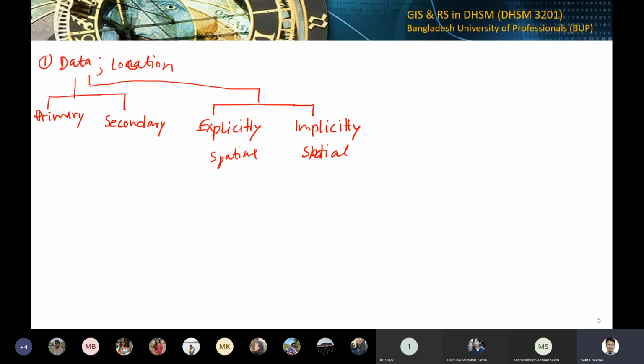Explicitly or implicitly spatial, and then we ask how they are going to combine. Is there anything going on? The third one is the aggregation.